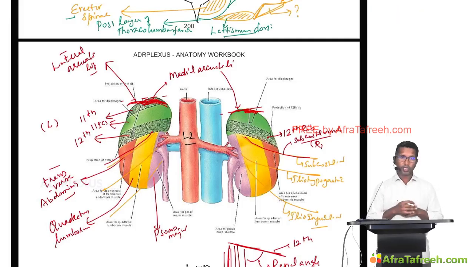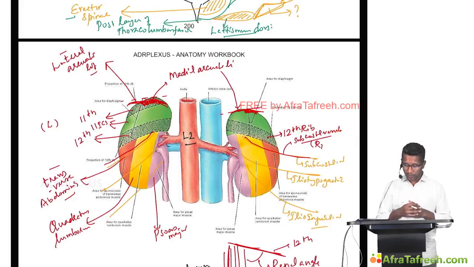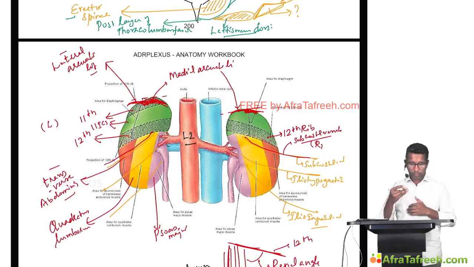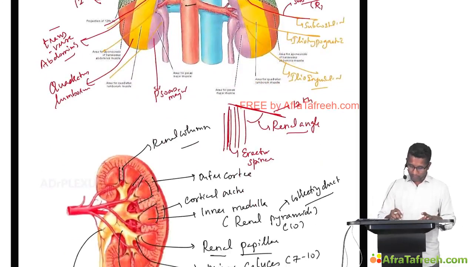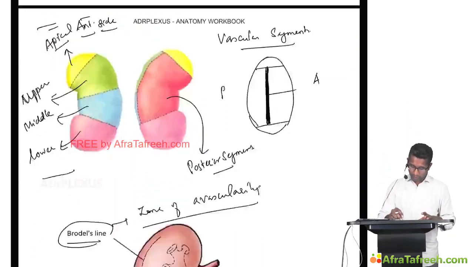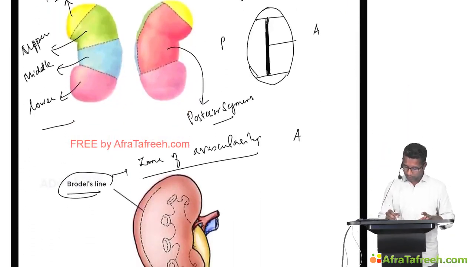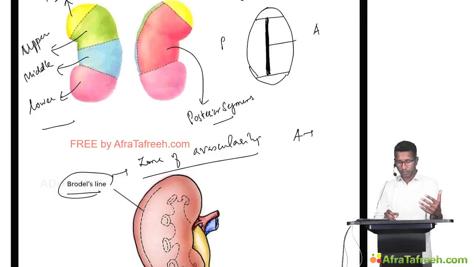What is more important here is the structures which are arranged in the renal hilum. When you go from anterior to posterior, it follows the same relationship, which is called the VAP structure.